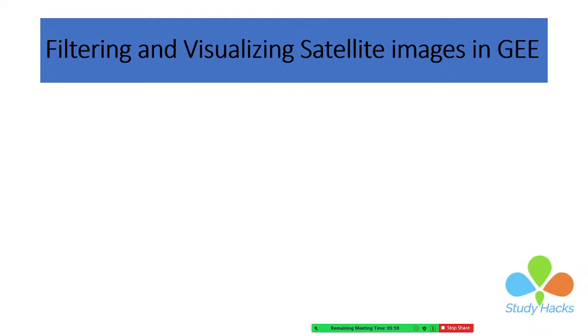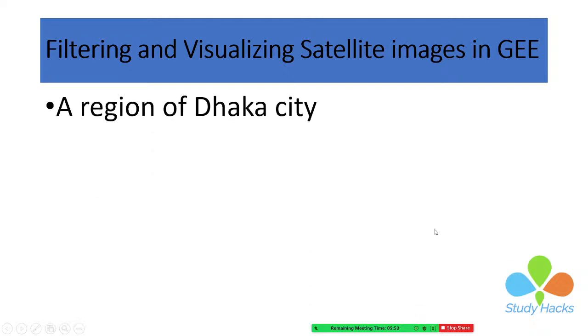When you filter satellite imagery, first of all you think about your region. Suppose I need satellite imagery for the region of Dhaka city. Your region varies according to your different types of ROI, or region of interest. So this is one factor for filtering.